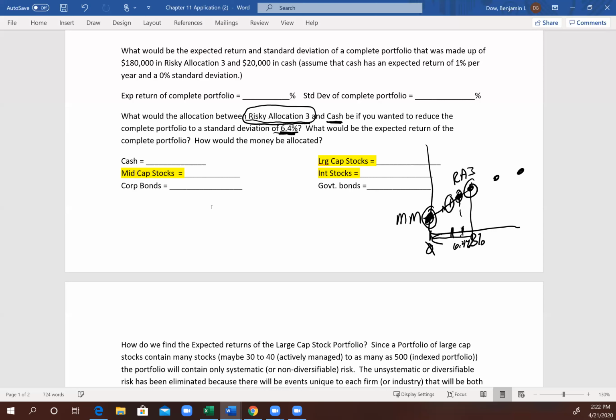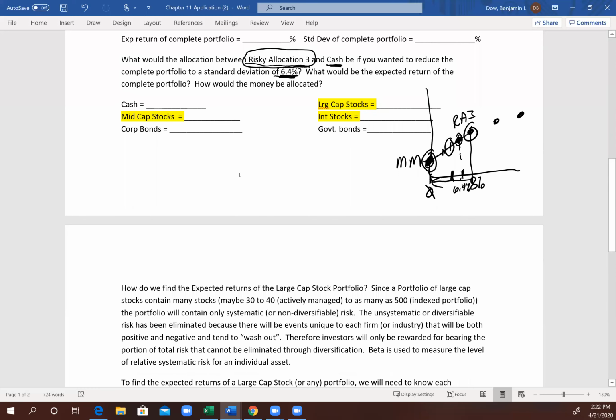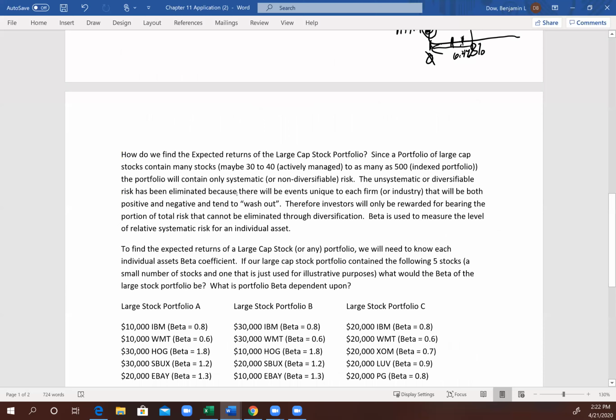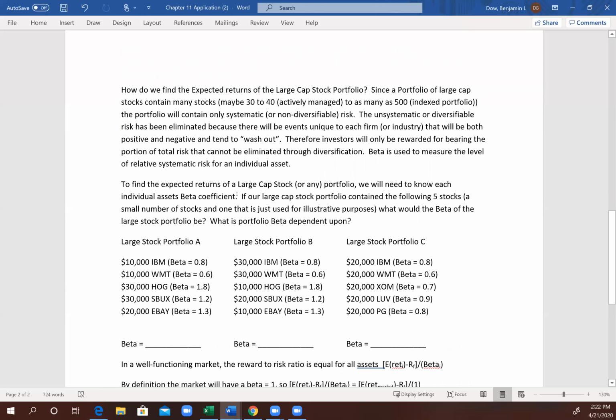All right. Now, if we look on the second page, that's kind of where we left off last time with a little bit of extra thrown in. The big thing that we want to figure out now is how do we find the expected return of each of these portfolios? Okay.